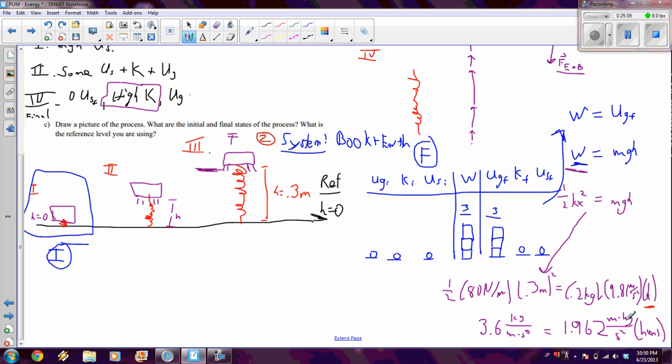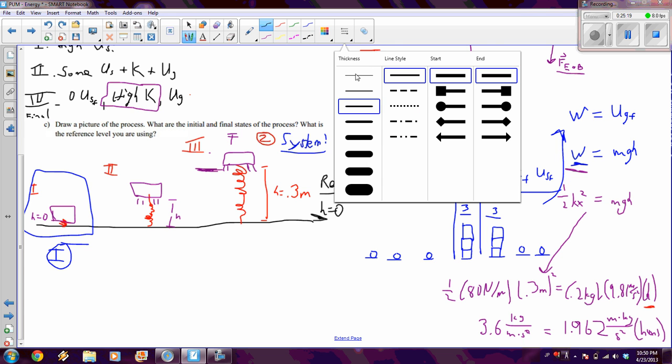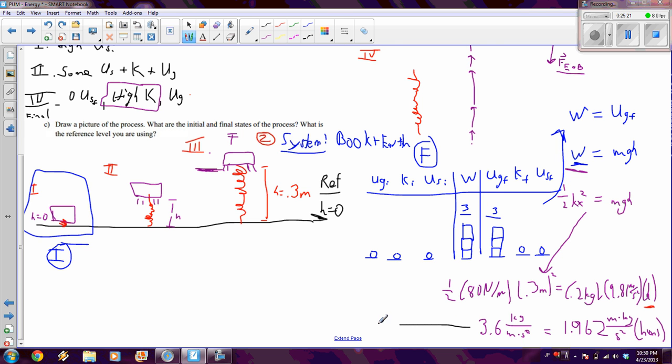So divide this out, we get 3.6 divided by 1.962, and the book ran out of room here, so let's just move this over. It is going to come out to be 1.83 meters into the air. And that should be our answer.